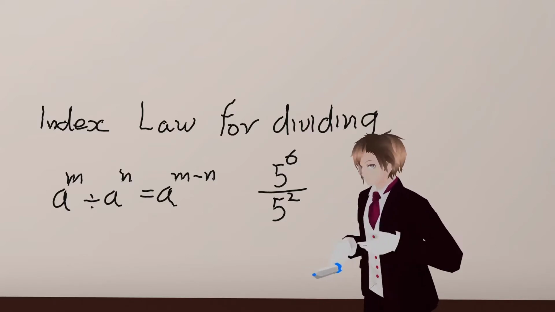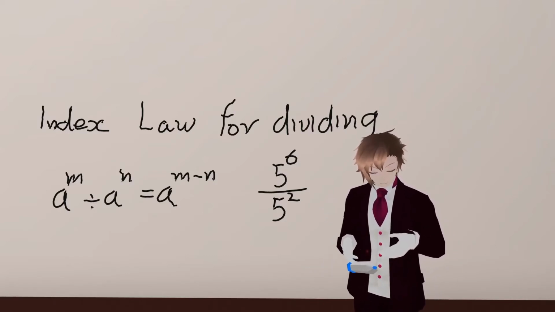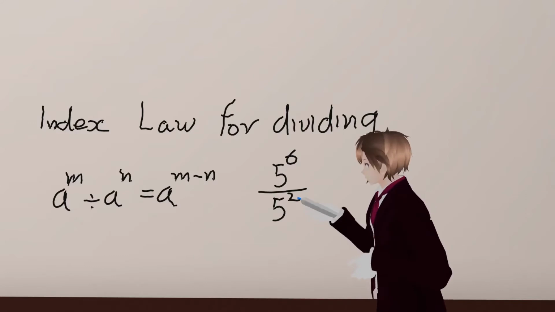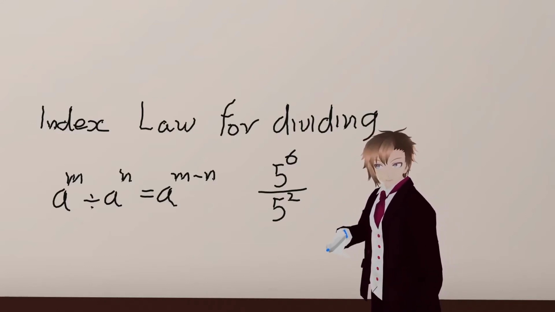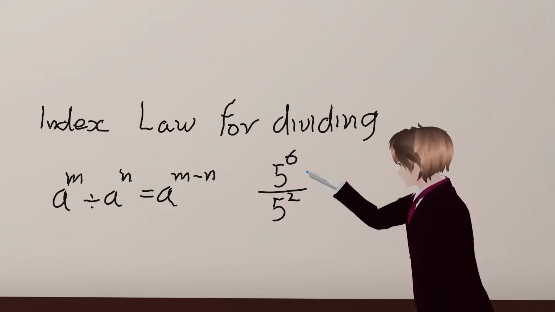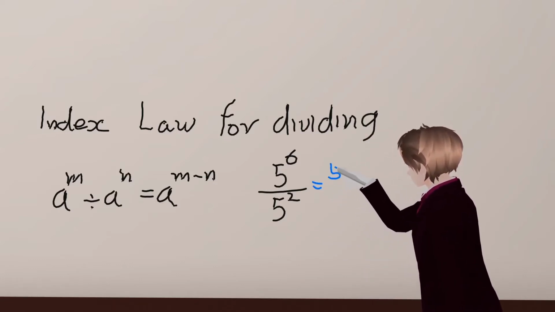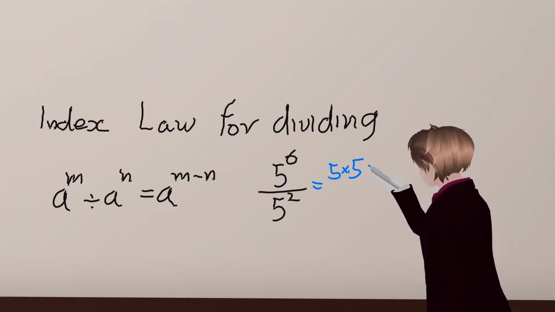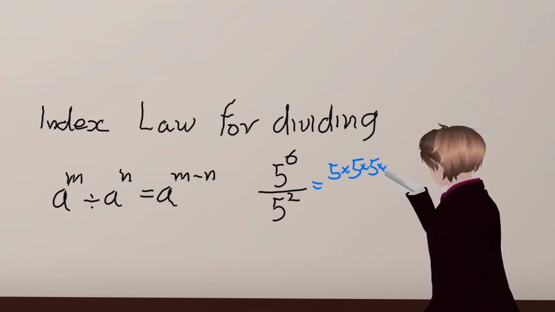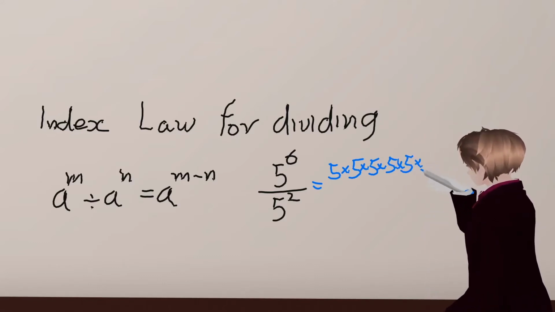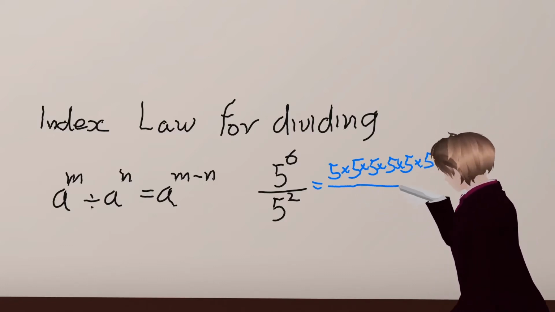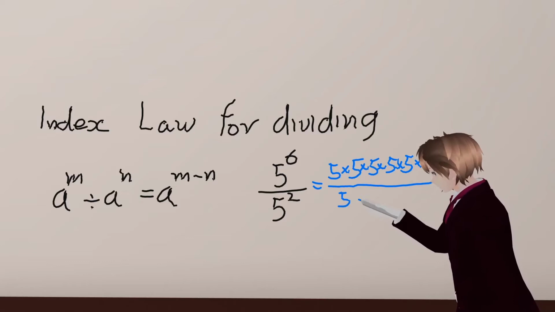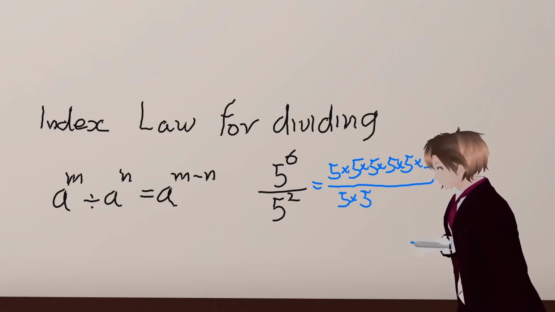So let's quickly solve this division. So we have 5 to the power of 6. So that means there is 6 5s multiplied together. This is equal to 5 times 5 times 5 times 5 times 5 times 5, and we are dividing by 5 times 5.